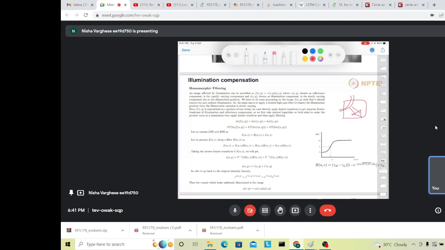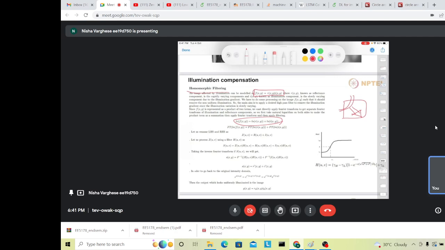Such non-uniform illumination can be removed using homomorphic filtering. First of all you have to find the natural logarithm of the input image, because the input image can be represented as the product of reflectance and luminance functions.